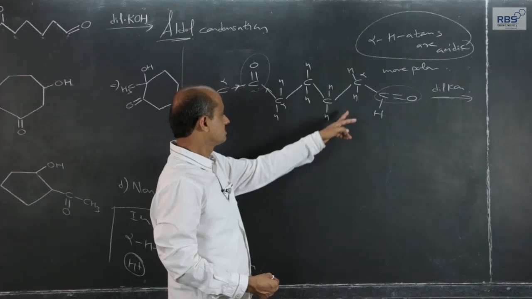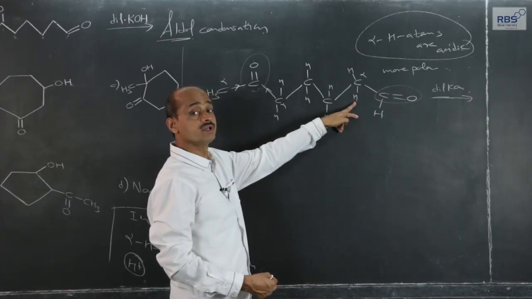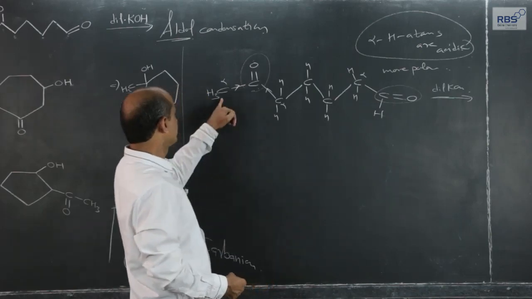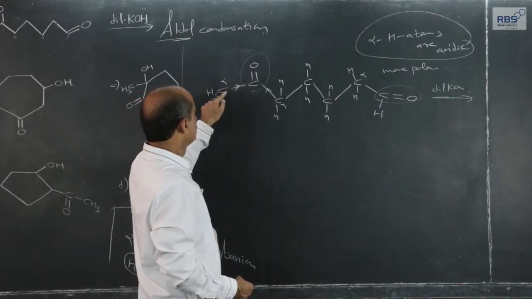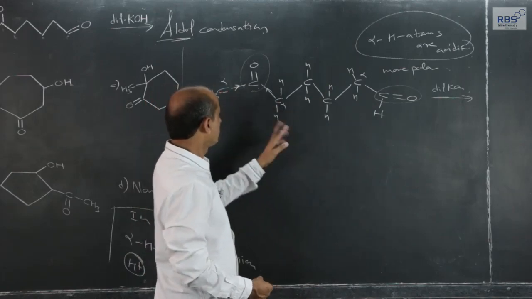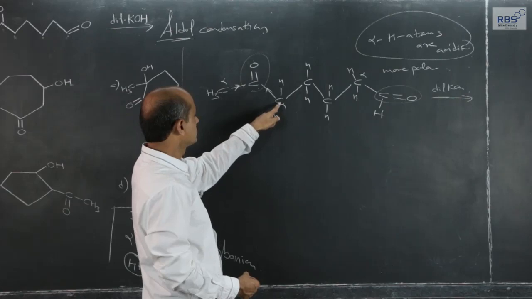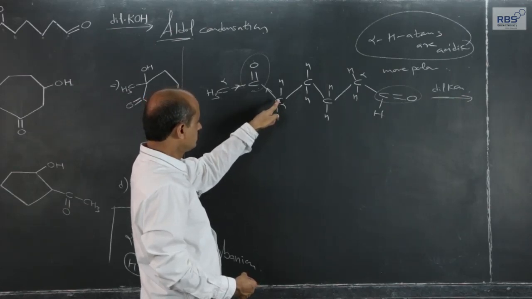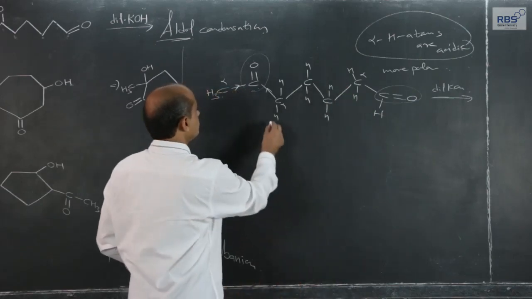It does not mean that alpha hydrogen atom from this carbon atom will not be removed, or from this carbon atom will not be removed. There are 3 alpha carbon atoms, and all the 3 alpha carbon atoms have hydrogen atom. Therefore, carbanion formation possibility is here, it is also here, and it is also here. Here it will be more.